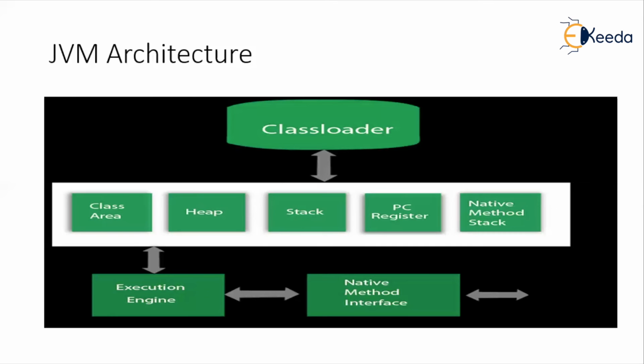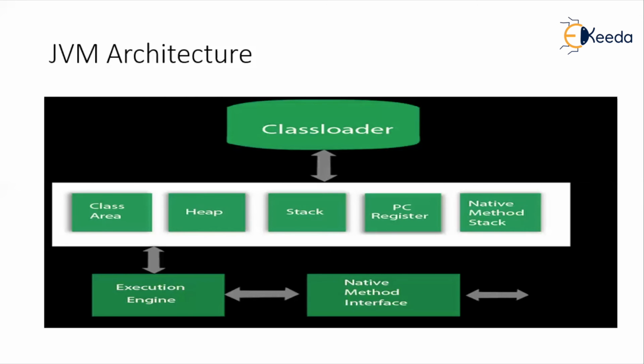Then we have the execution engine. This execution engine contains various elements like the Java virtual processor, which is the interpreter. This interpreter is going to read the bytecode from that .class file and convert it into operating system specific instructions.